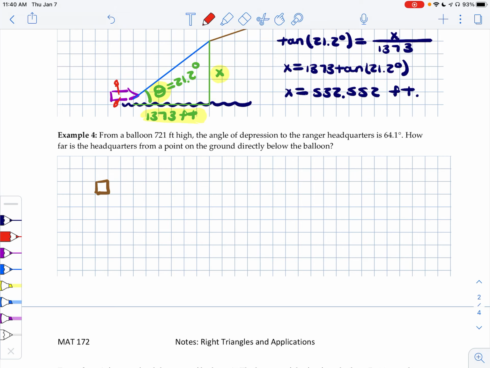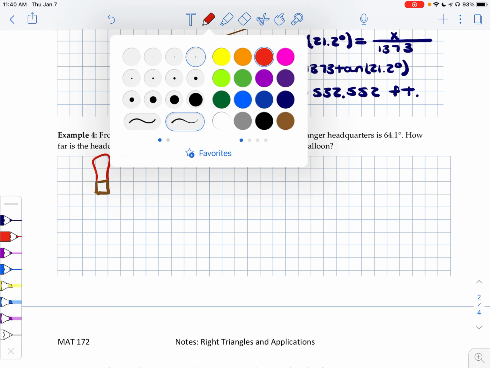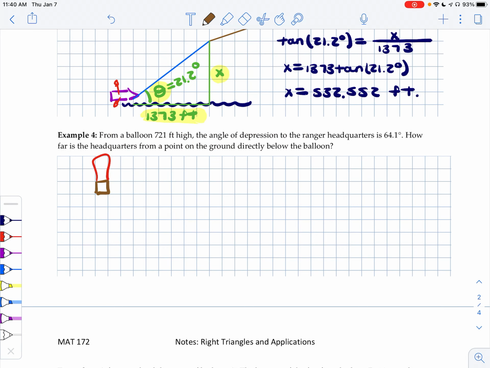So we have a little hot air balloon up in the sky, and then we have a little ranger station down on the ground. It's my ground level right here. Like I said, I like to see a picture, but I am certainly not an artist.